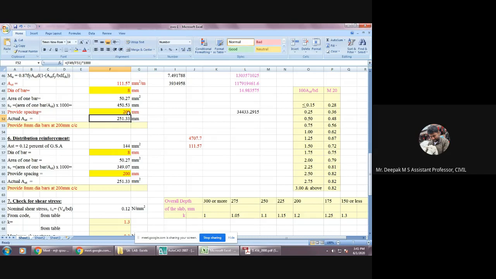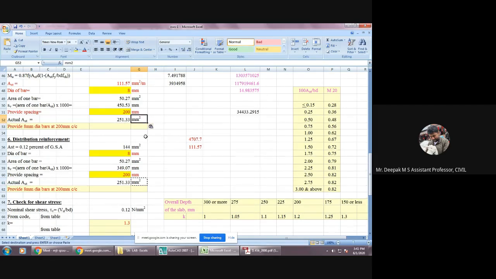Okay, so now I'm providing 8 dia bars. That's a small mistake here. Now I provide 200 spacing. I'm getting so much. So what is the AST?